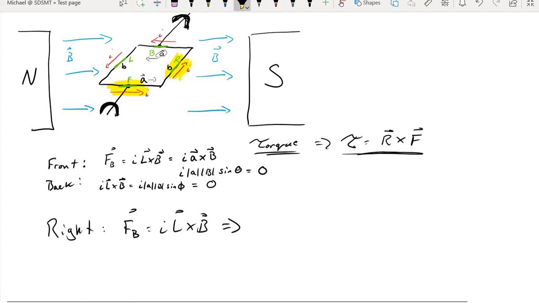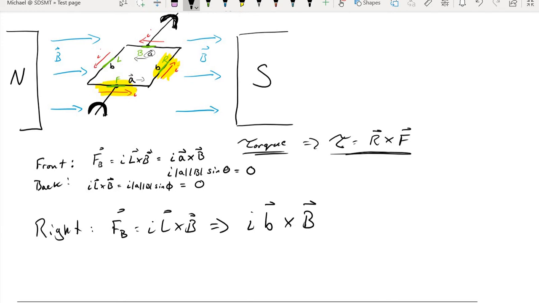But we'll say that the current traveling through the right leg is traveling backwards into the page itself, and that length of the wire has a value of little b, traveling through a field of big B.